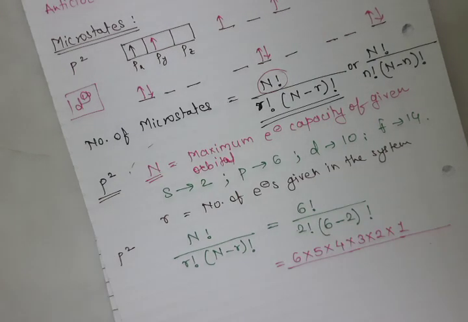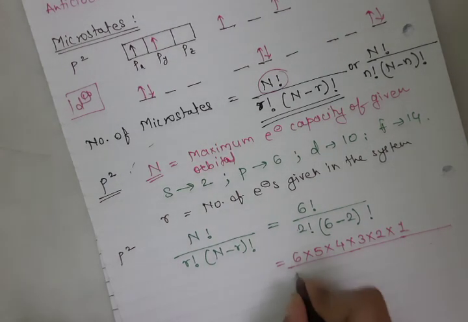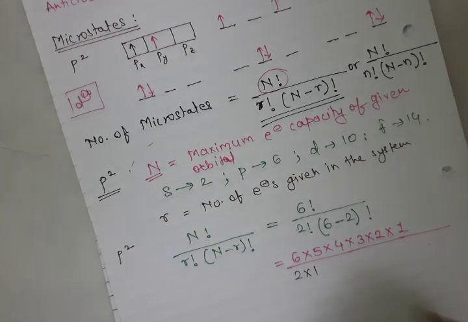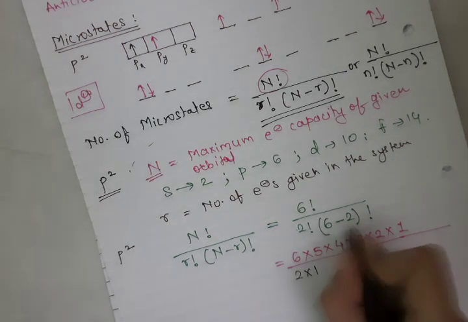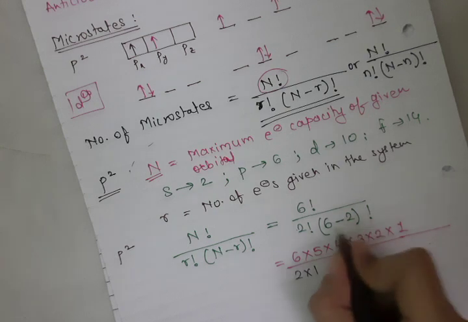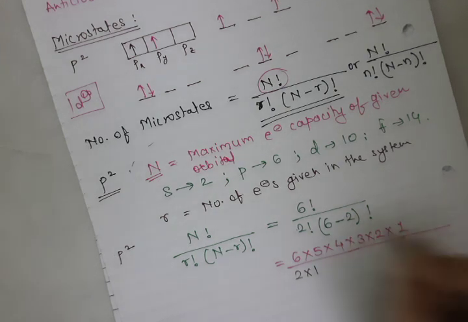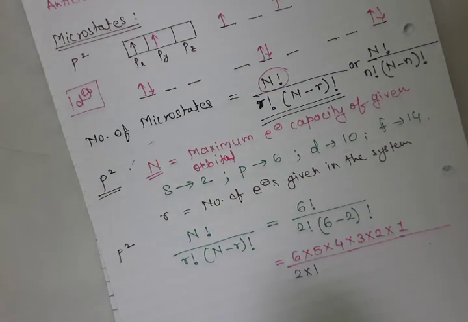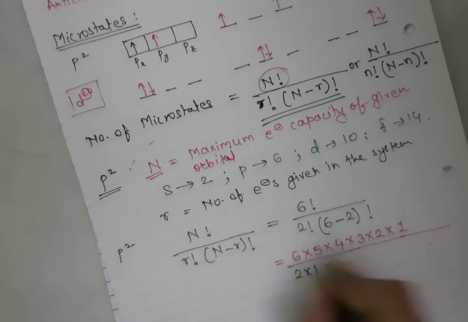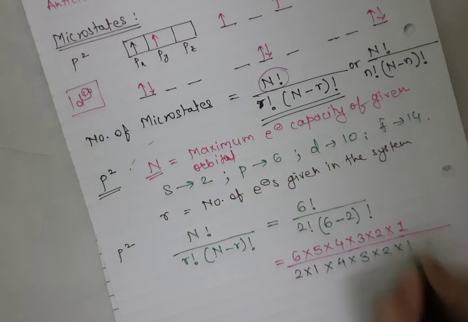Write down here 2 factorial. 2 factorial is 2 into 1. And 6 minus 2 is 4. So 4 factorial. You have to write the 4 factorial. So multiply 4 into 3 into 2 into 1.